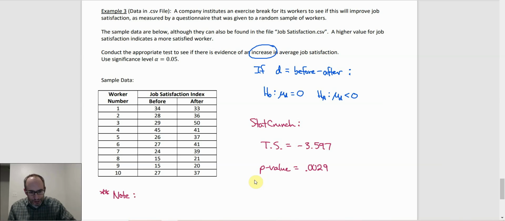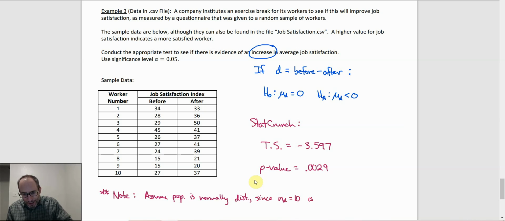Here we'd have to assume that the population is normally distributed, since n sub d, which here is 10, is too small to apply the central limit theorem. Right, we would have to do that here.